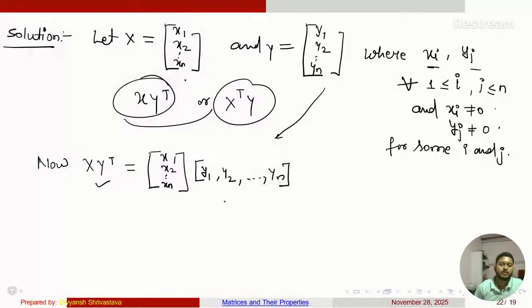These are the representations of the transpose of the matrices.